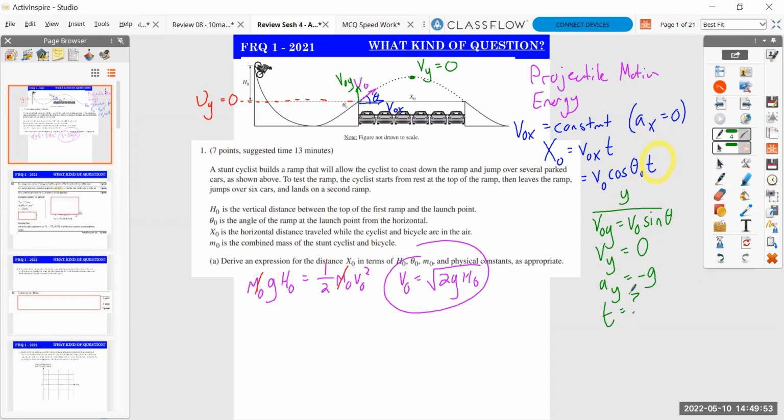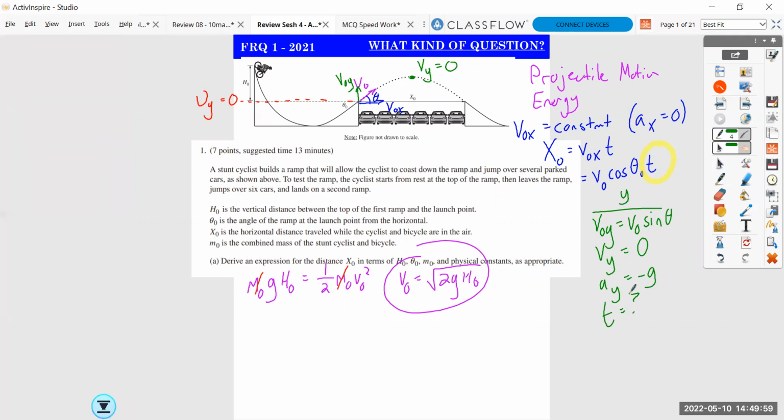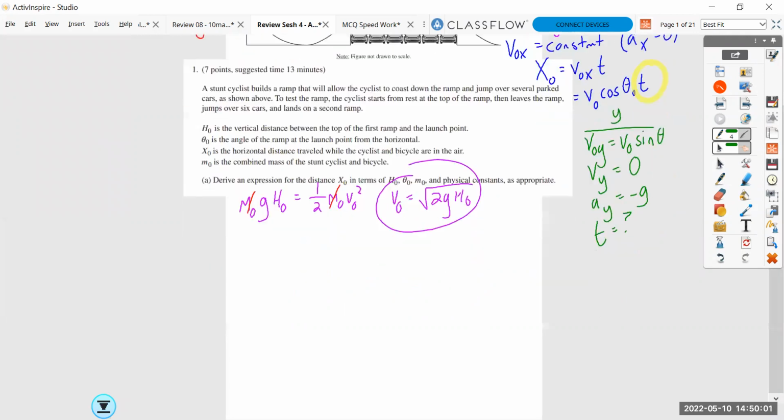So if I'm looking in my y direction, I can set up my first kinematics equation. My final velocity is 0. My initial velocity is v0 sine theta minus g times t.